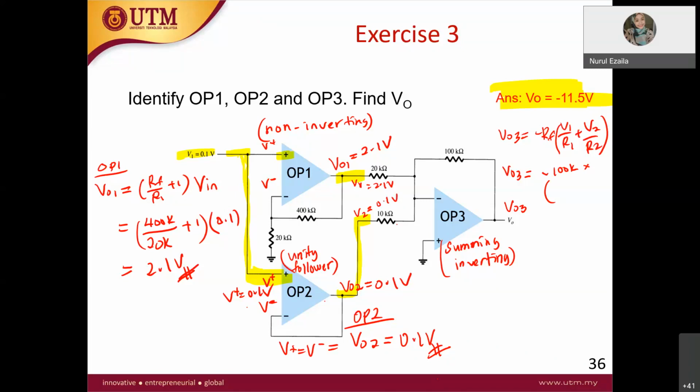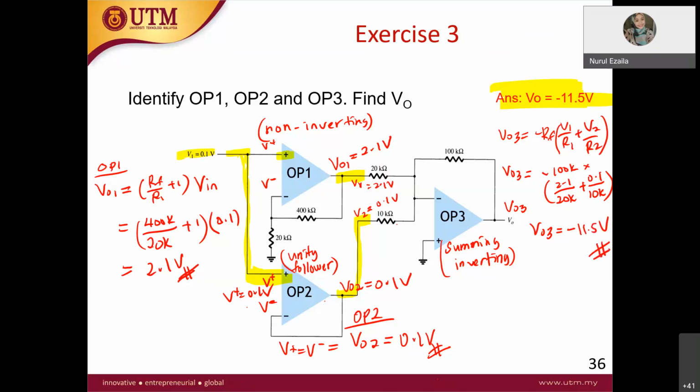So V1 is 2.1 over R1 20K plus V2 is 0.1 over 10K. So this is the final answer. Can someone calculate? Do we get the same, negative 11.5 volt? Same. All right, great. So we have here negative 11.5 volt.